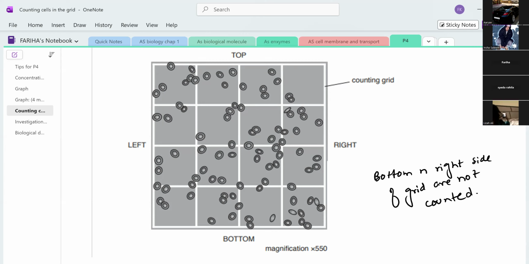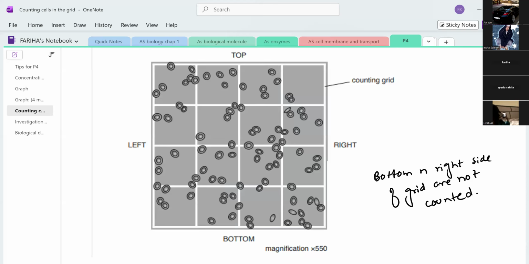Are you people counting? Assalam Faria, can I answer the question? Okay, on the right side we have, like in the first grid, 4 on the right side and 2 at the bottom. So will these 4 be counted, or will we only consider the ones touching the line? Just follow the rule. The examiner has provided you with the rule that bottom and right side of the grid are not counted.